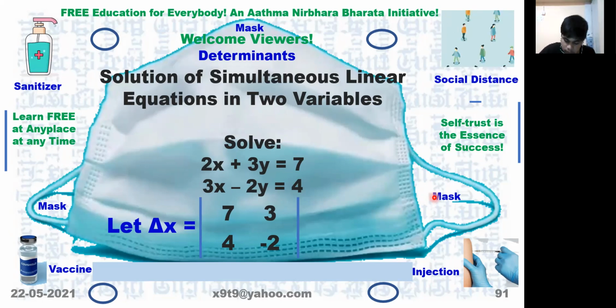So now you can find y is equal to delta y by delta.